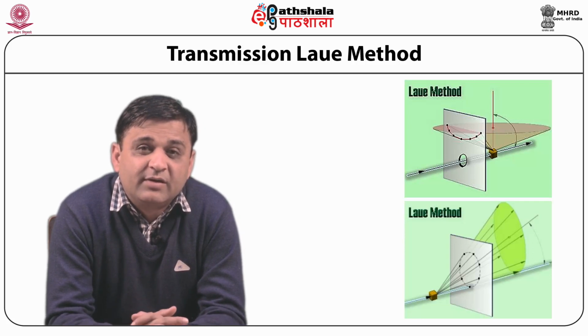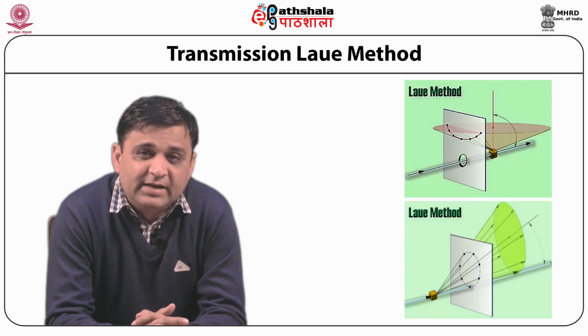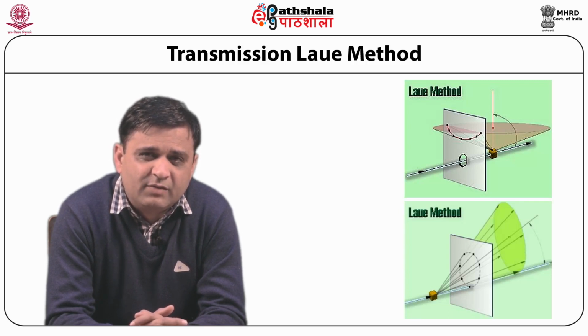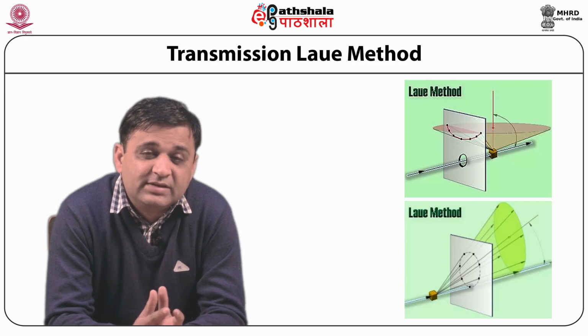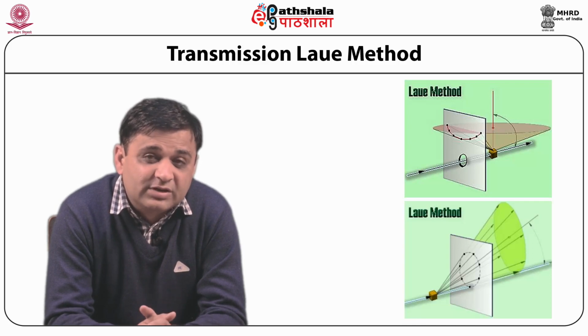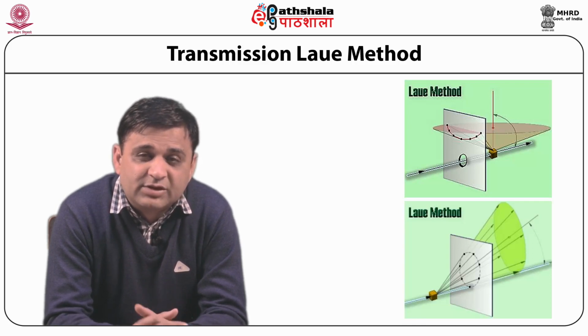In this figure you can see the transmitted intensity, and there is a plate, what we call a photographic plate, placed in the beam, and there are some spots. You can see that they are lying in a circle. These diffraction spots are actually a map of reciprocal space, or in other words, they satisfy the Bragg diffraction condition or the Laue diffraction condition.